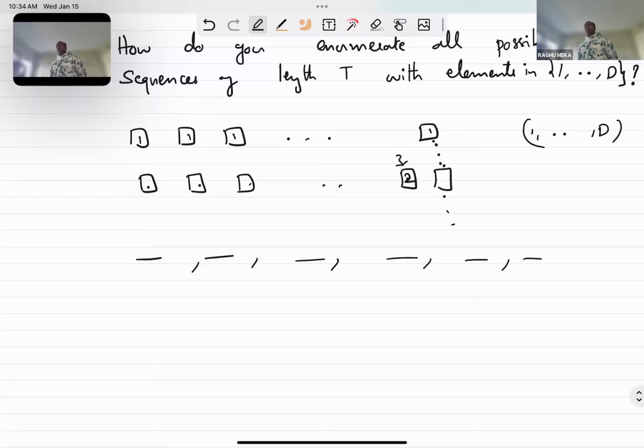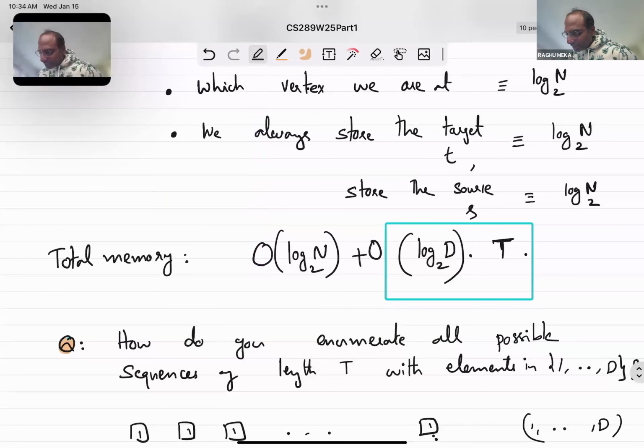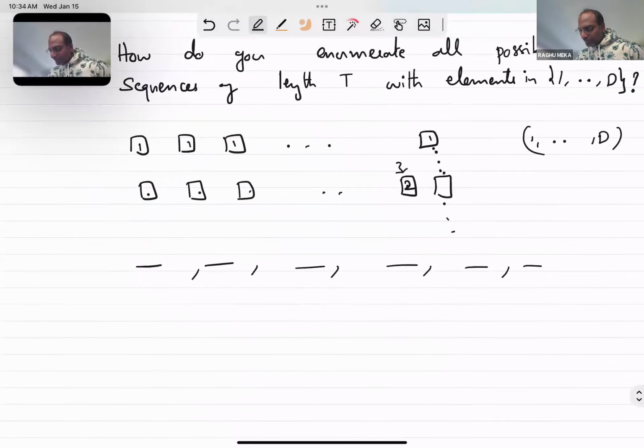And eventually you will end up doing everything. Another way to think about this is that you're basically having T for loops. Right? So maybe it's not exactly this much, but let's say this is O of this.